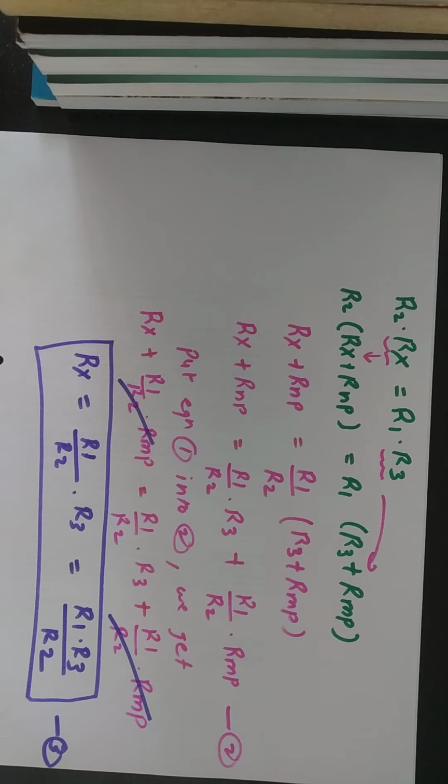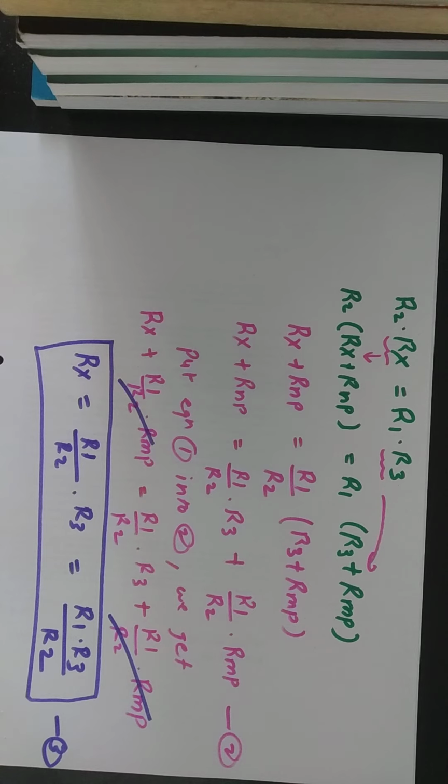And initially, while solving the equation, we have considered the resistance RNP and resistance RMP. But in the end equation, these terms, resistance RNP and resistance RMP, are not there. So equation 3 indicates that the effect of connecting lead, that is RNP and RMP, from point M to point N has been eliminated by connecting the galvanometer to position P.